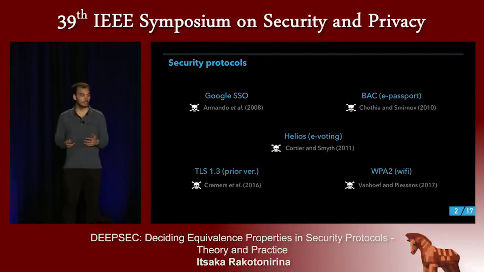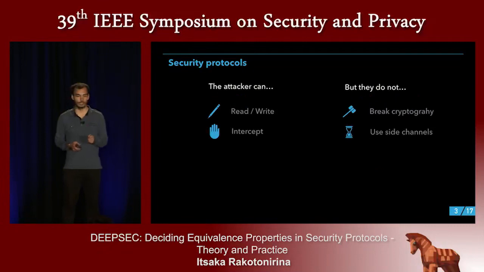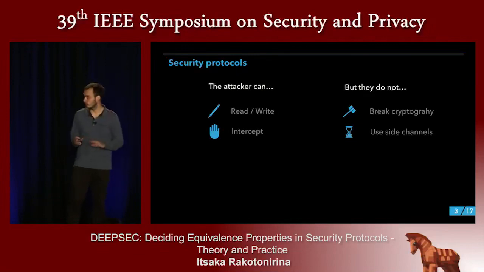So you can describe these attacks in a setting where the evil guy trying to break into your privacy can essentially read and write on communication channels, maybe perform denials of service, and that's all. Of course, the attacker has access to some cryptographic functions, but they just use them as black boxes. They do not try to break them or use side channels or anything.